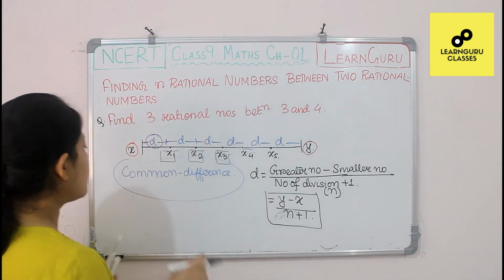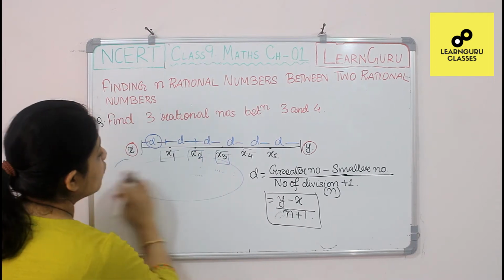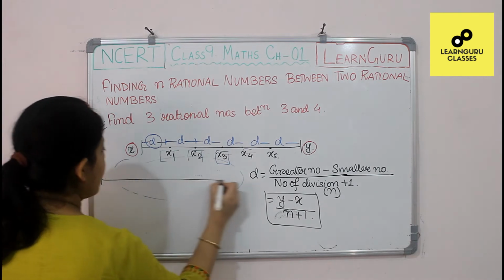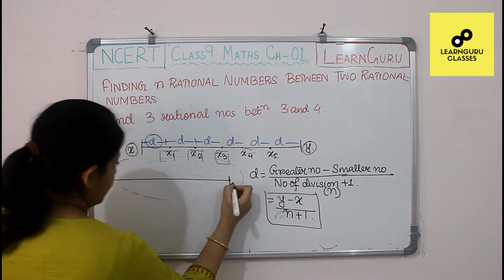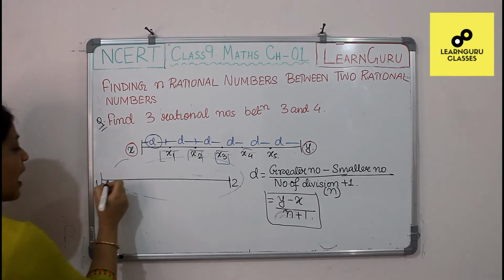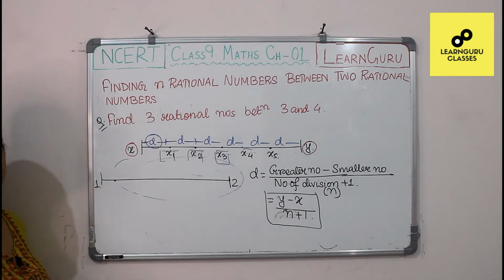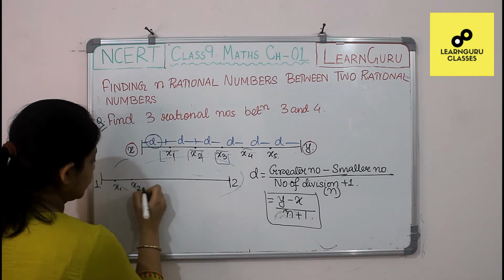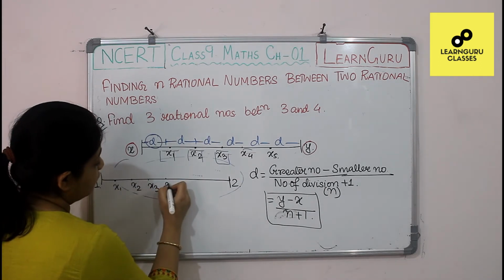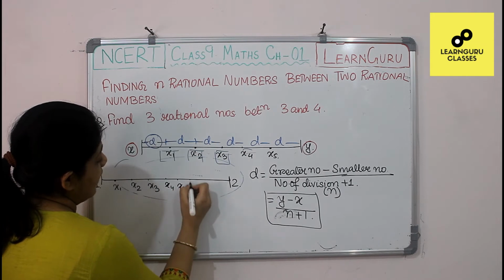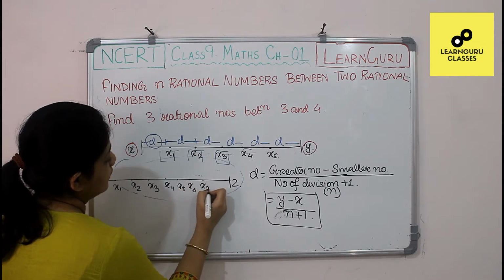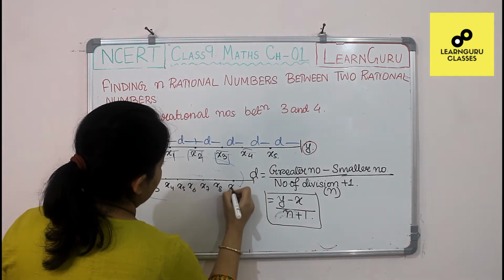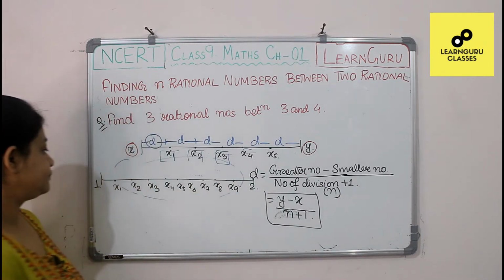Let's take one simple example before solving this problem. I have taken two numbers, 1 and 2, and divided the gap into 9 equal parts. So this is x1, x2, x3, x4, x5, x6, x7, x8, x9, and this is 2.